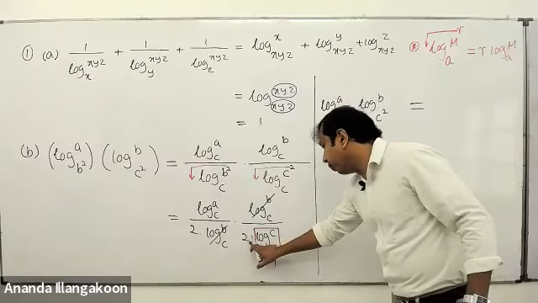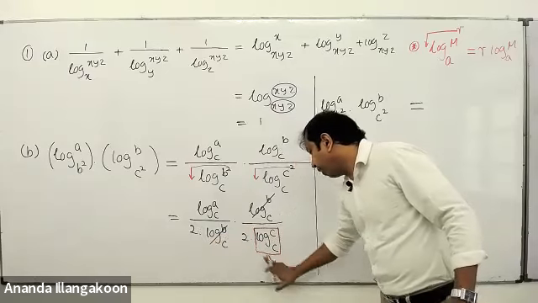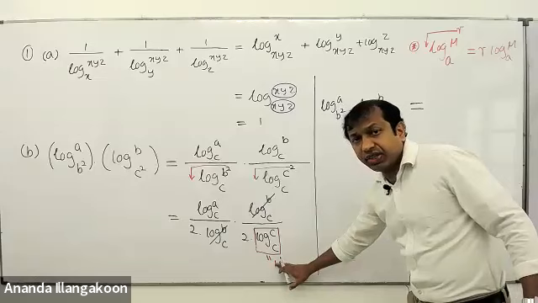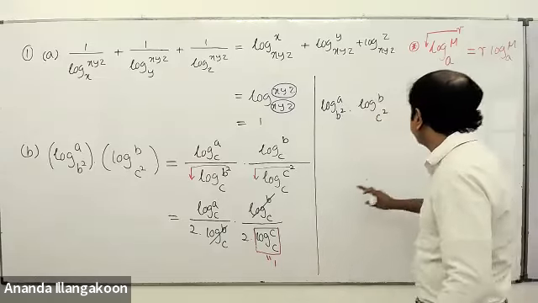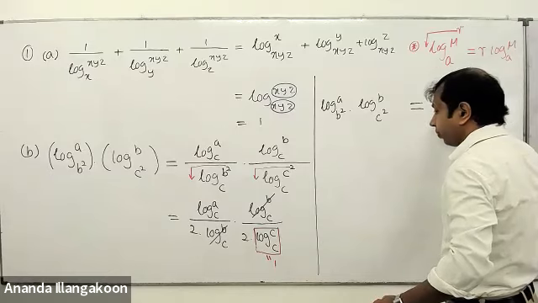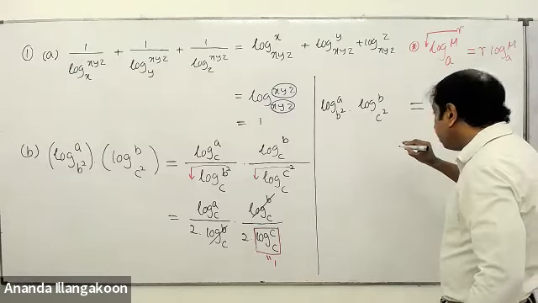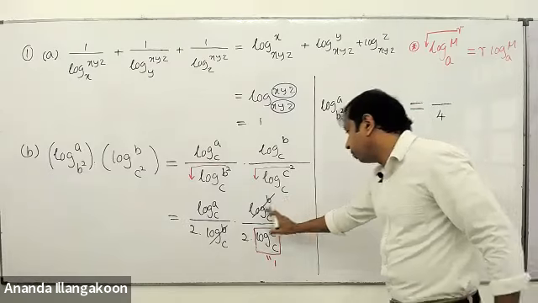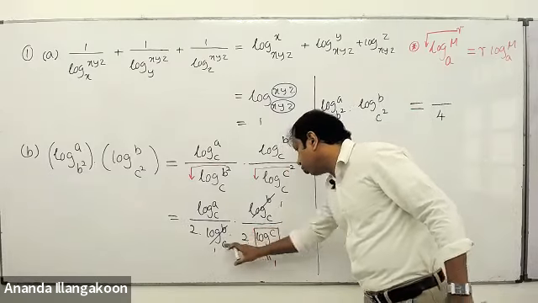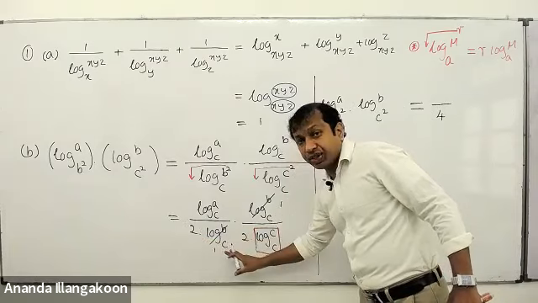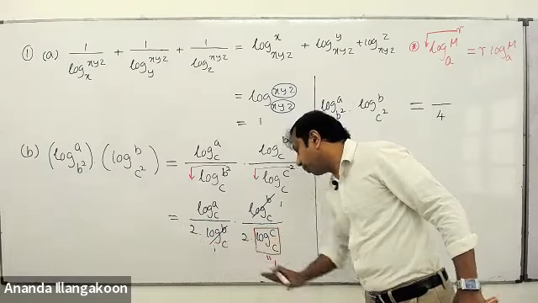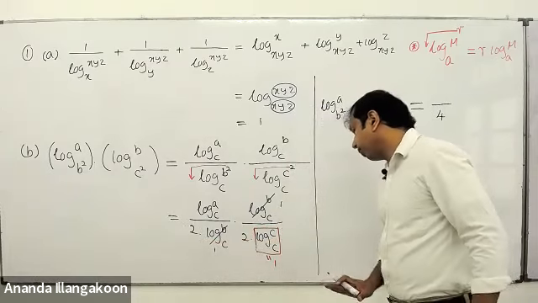Now here, 2 and 2 make 4, and here we have 1. Then 4 into 1 means it's 4. Understood? Right. So that is coming at the denominator like this, 4. Now people, this 2 we cancel. After cancelling that we get 1 really. When you multiply anything by 1, it won't change. That is why we actually ignore this 1.